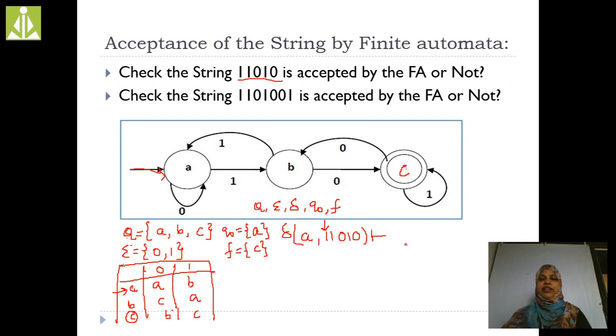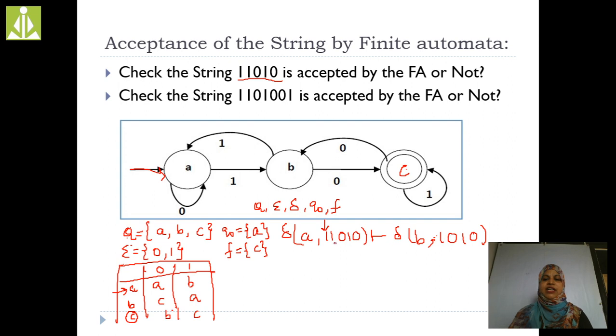A on 1 is B. Applying input 1 on A, we get B. What are the remaining inputs? 1 0 1 0.